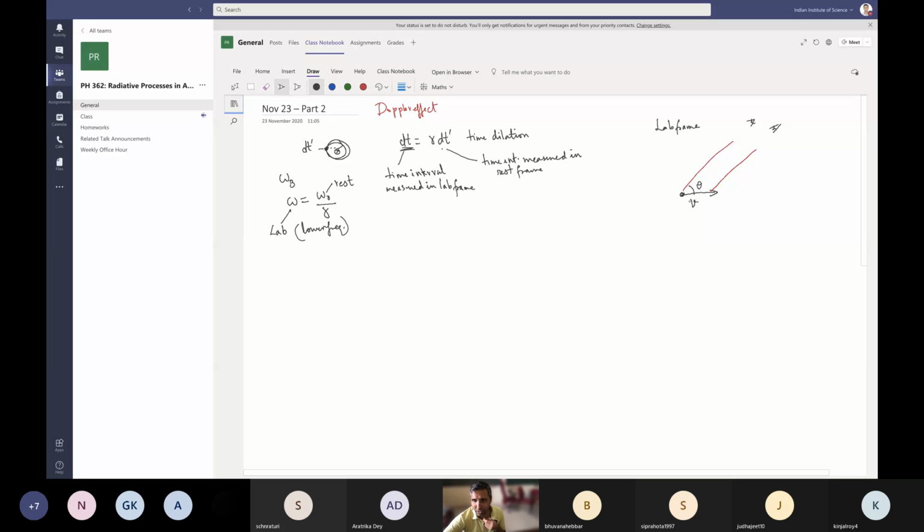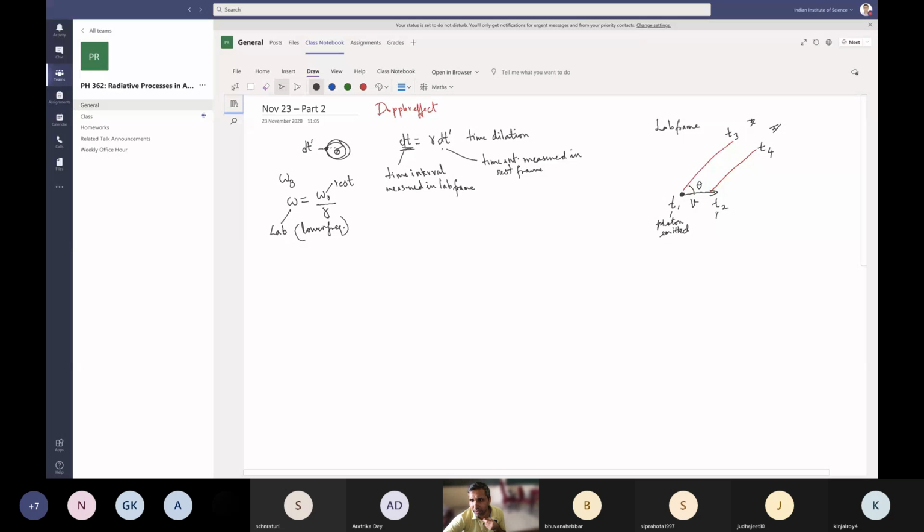Okay, so now let's call these times t1, t2, t3 and t4. Let me actually define what these times are. T1 is the time when the photon is emitted at position 1, at this position.